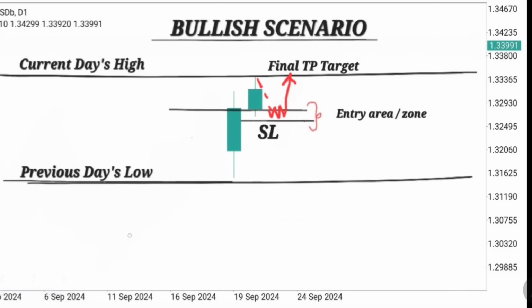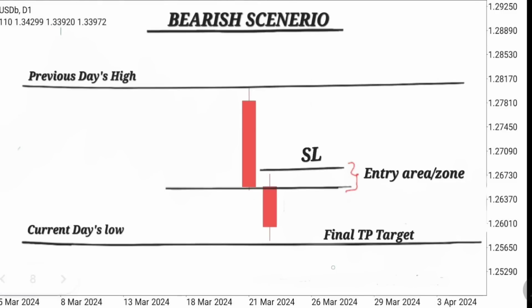Now for a bearish scenario, most of your setup, over 90% of your supply zone, should come from here. But sometimes, which does not happen all the time, you could have your zone created around here, where you now trade from.